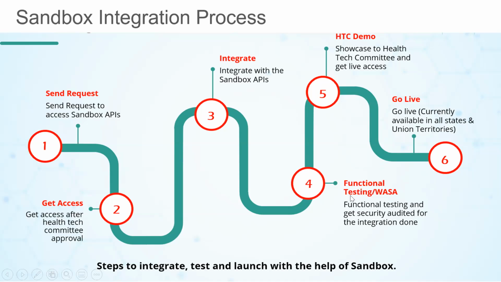After getting this FT and VASA, they schedule an STC demo, in which whatever application the organization has developed, they need to show to our STC members. And after getting approval and clearance from our STC members, the integrator goes live, and they get the production key from our Sandbox environment from ABDM NHA. So next slide.